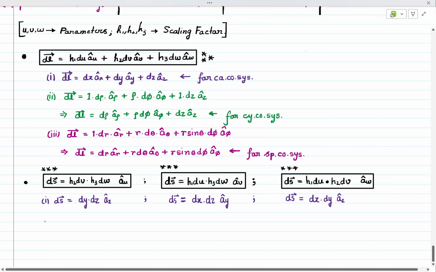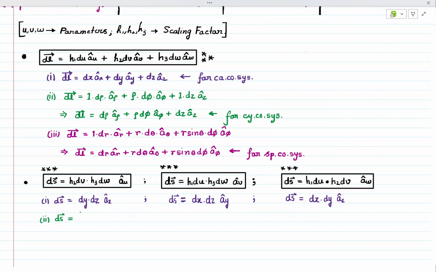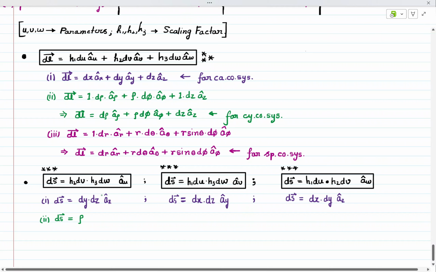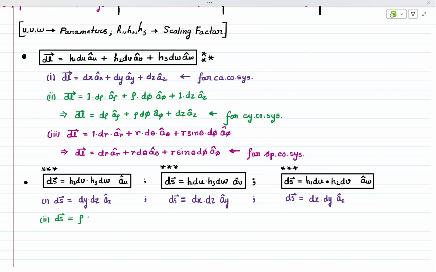Now, in case of the cylindrical coordinate system, let me write these things. ds. In the cylindrical coordinate system, h2 and h3 are what? Rho and 1. So rho, dv and dw are nothing but d phi and dz, in the direction of au, that is rho.